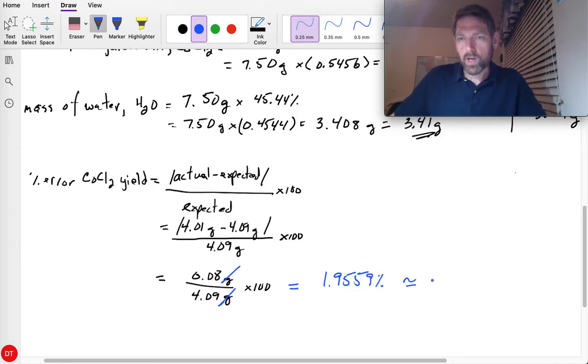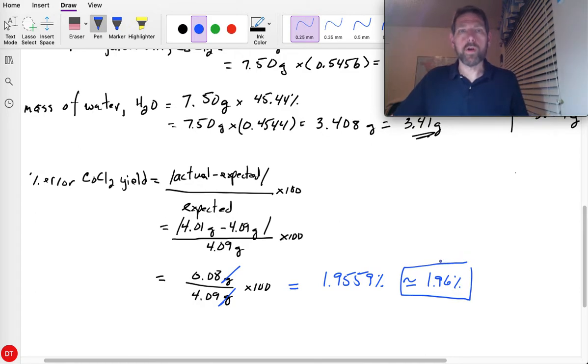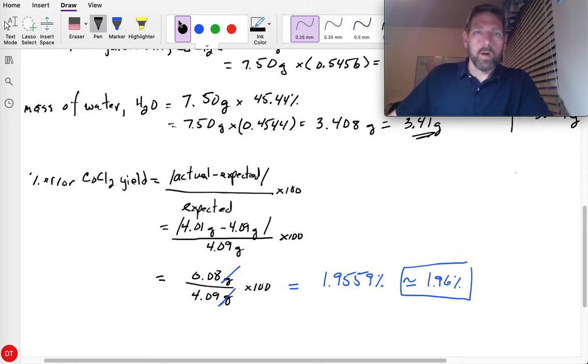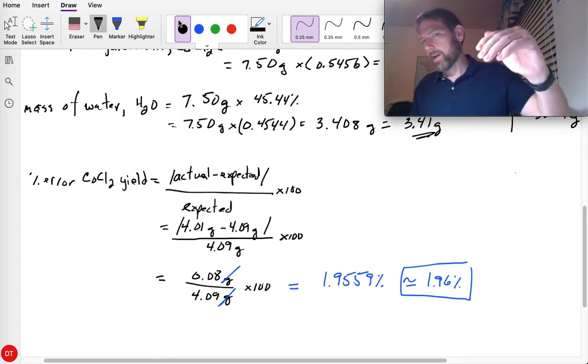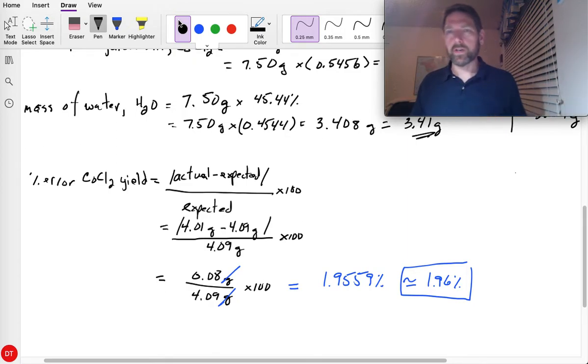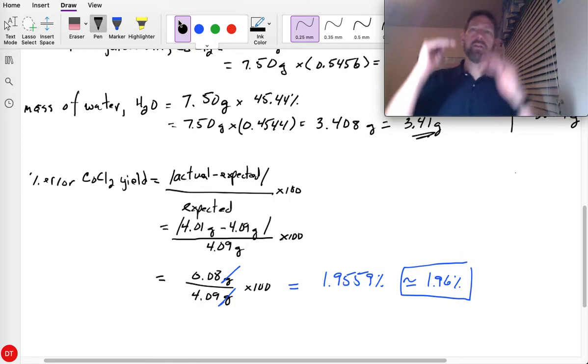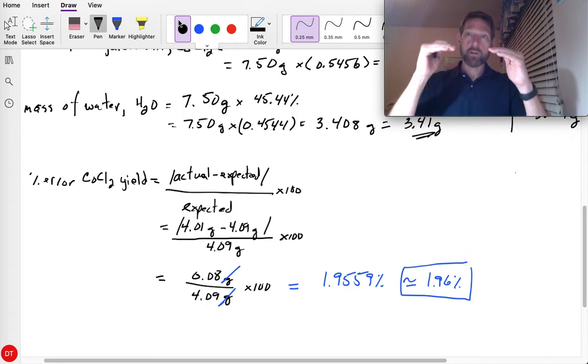So we're approximately at 1.96%. That's the error for our salt. It's pretty good. It's pretty low. But that little bit of error contributed to us being that much higher than our value of 6. If we were closer to the 4.09, we would have had less error, and so the mole ratio would have gotten closer to that 6.